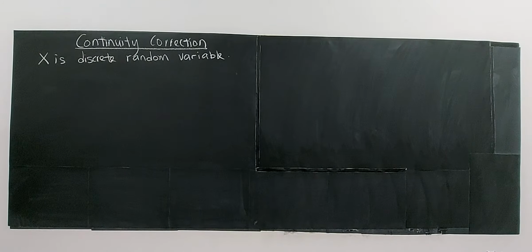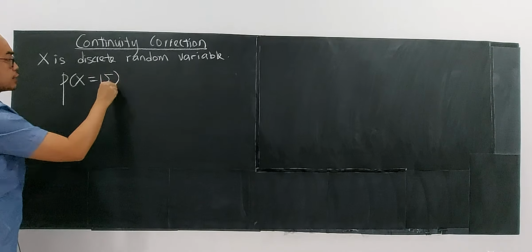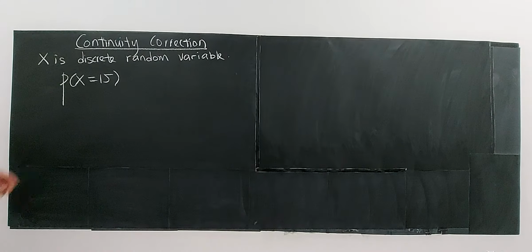I'm going to give you an example of what is meant by continuity correction. Please pay attention. Let's say I have a probability, for example, of X equals 15. This is a discrete random variable.